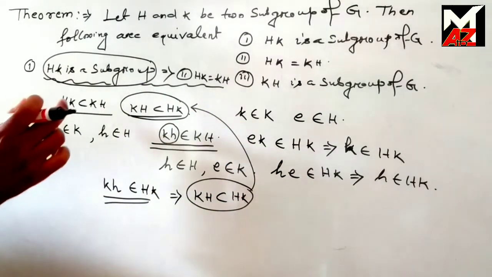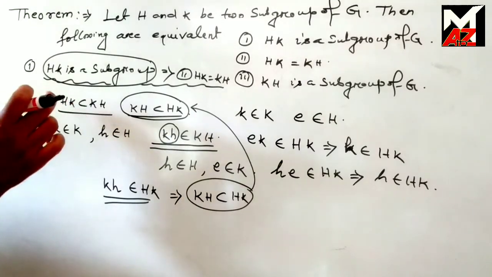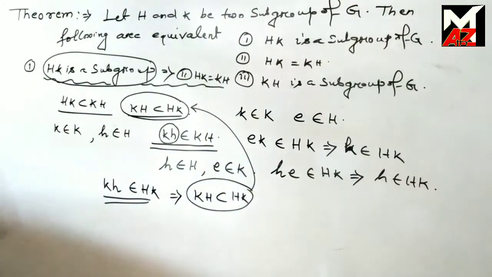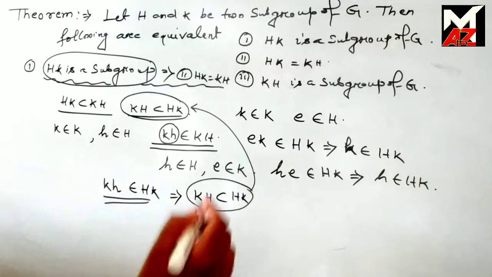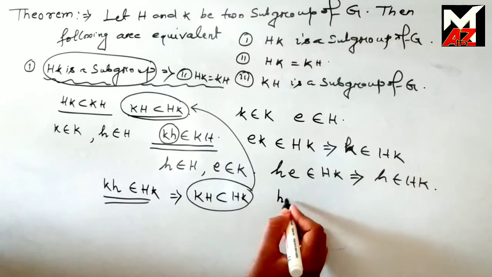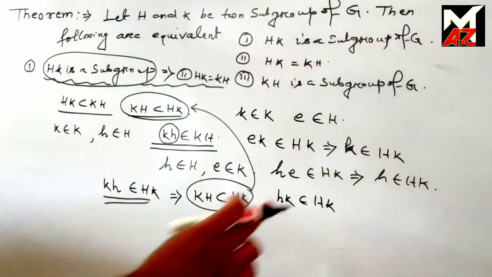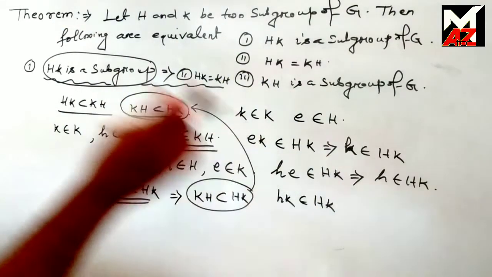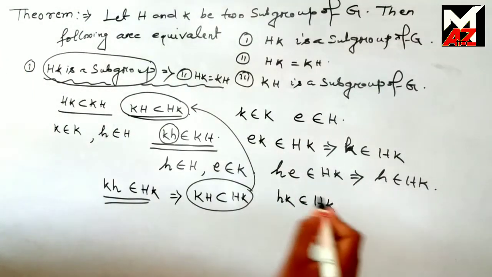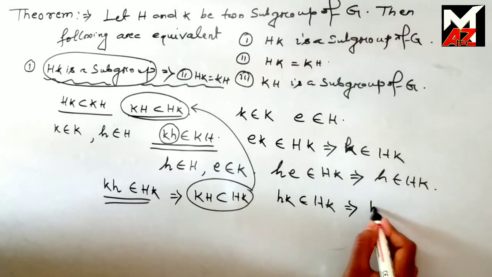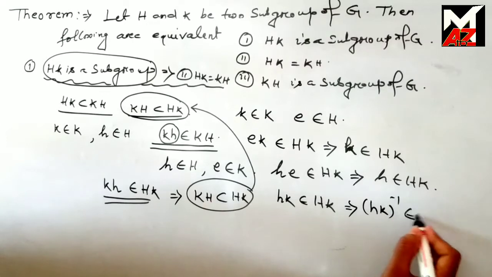Now we try to prove HK is a subset of KH. For this, we first let hk belongs to HK. And HK is a subgroup, so it must have (hk) inverse belongs to HK.